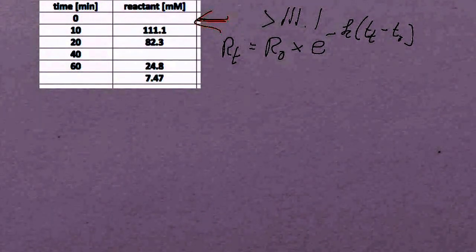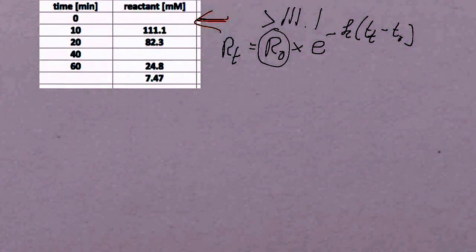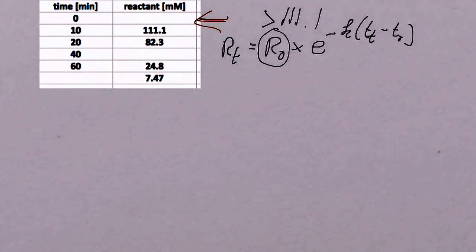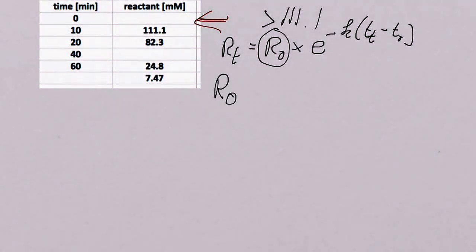Here we are looking for R_0. So again we set up our little table: R_0 and T_0. What's T_0 in this case? It's 0 minutes, exactly.